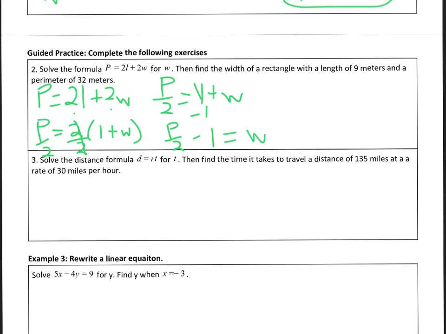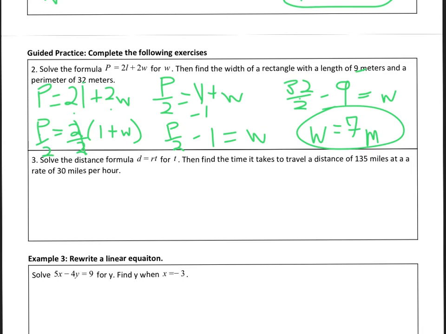Right? And then me plugging in, knowing a length of 9, a perimeter of 32. Perimeter 32 divided by 2 minus 9 equals my width. That's going to be 16 minus 9, 7. So my width is 7 meters.